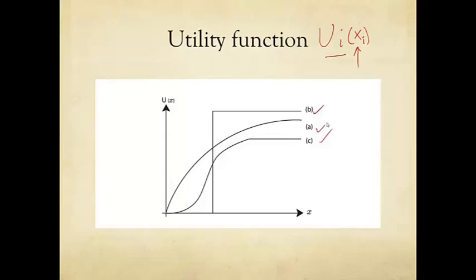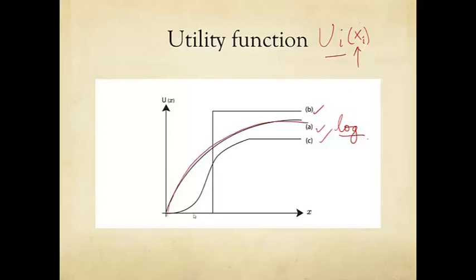Each is a single-variable function. Function A is, let's say, a logarithmic function. We'll see that there is a special fairness notion associated with log functions in a minute. So it is quite nice. It's smooth, increasing, and concave.